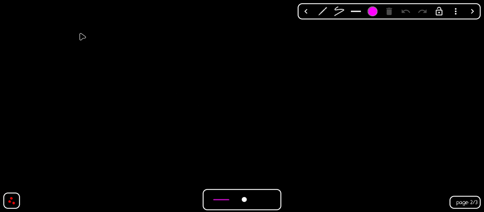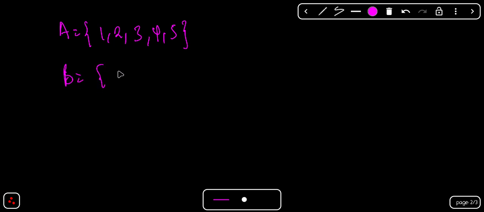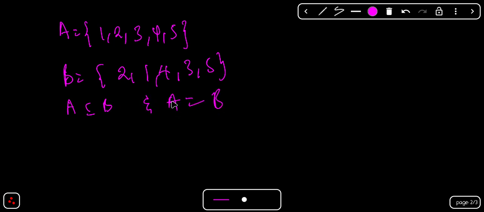Example: we have sets A = {1, 2, 3, 4, 5} and B = {2, 1, 4, 3, 5}. Now, I can say A is a subset of B, and I can also say A is equal to B. Are we together?